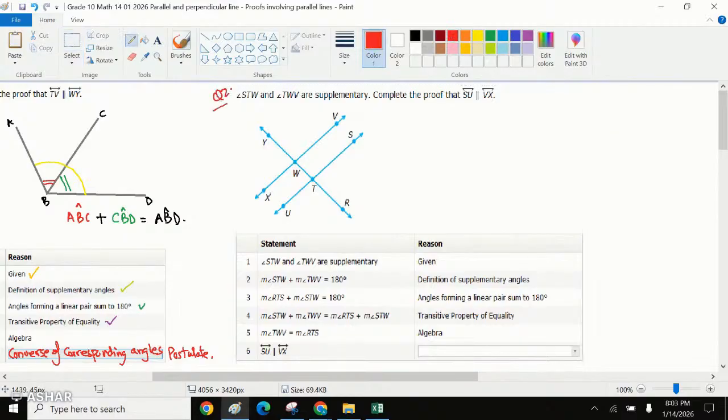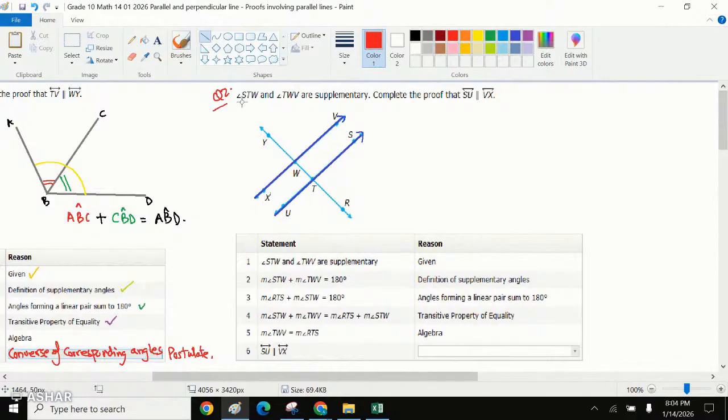We have pairs of parallel lines, agreed, and they are giving us supplementary angles as well. We have been told that these two angles are supplementary.